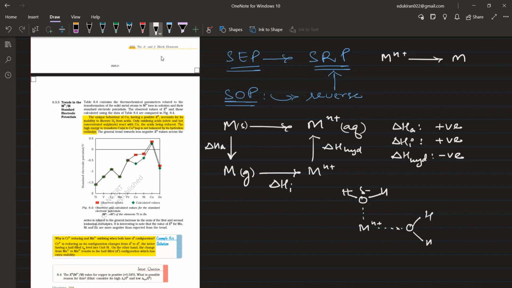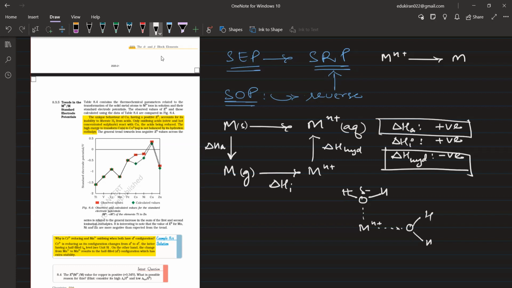You have a positive charge ion in water. Water is very happy because it has attractive forces with the positive charge. So this hydration enthalpy compensates for the delta H of atomization.